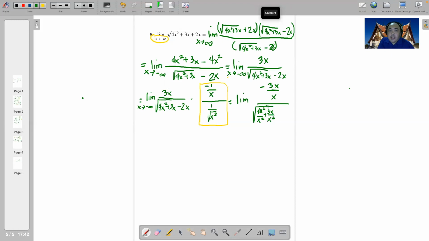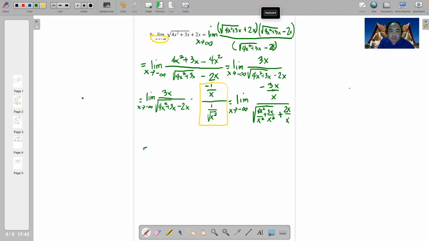Now, here, because this negative 2x is not in a radical, we have to use this form negative 1 over x. So this will become plus 2x over x, as x approaches negative infinity.